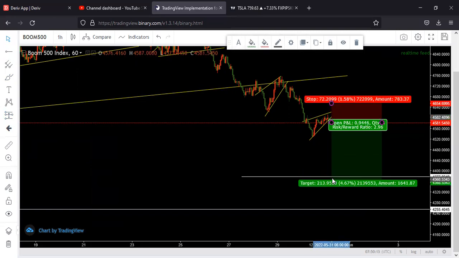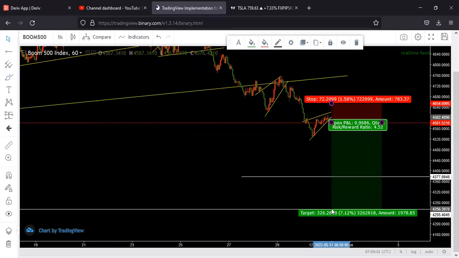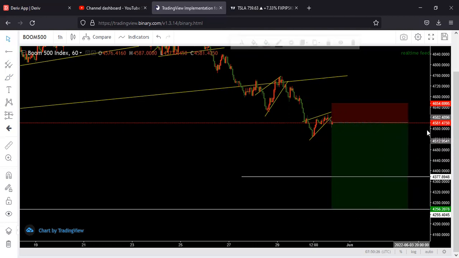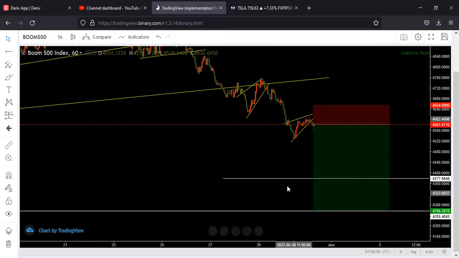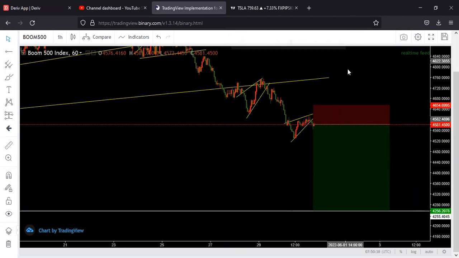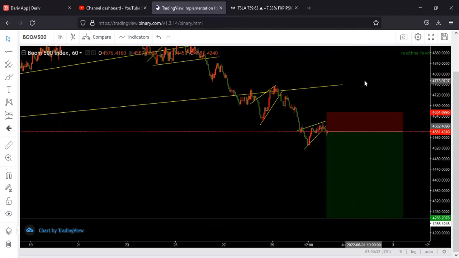Your first take profit will be almost 5%, so that is a good risk reward ratio. Then the second one will be 7%. So you see, this will be your entry, guys. So easy like this. Remember to keep it simple and clear. Forget about indicators, just focus on price action.